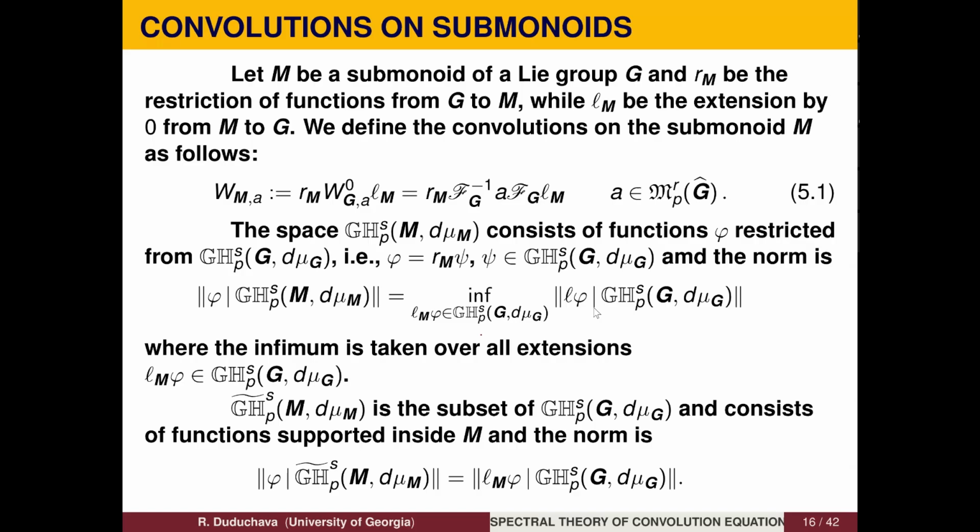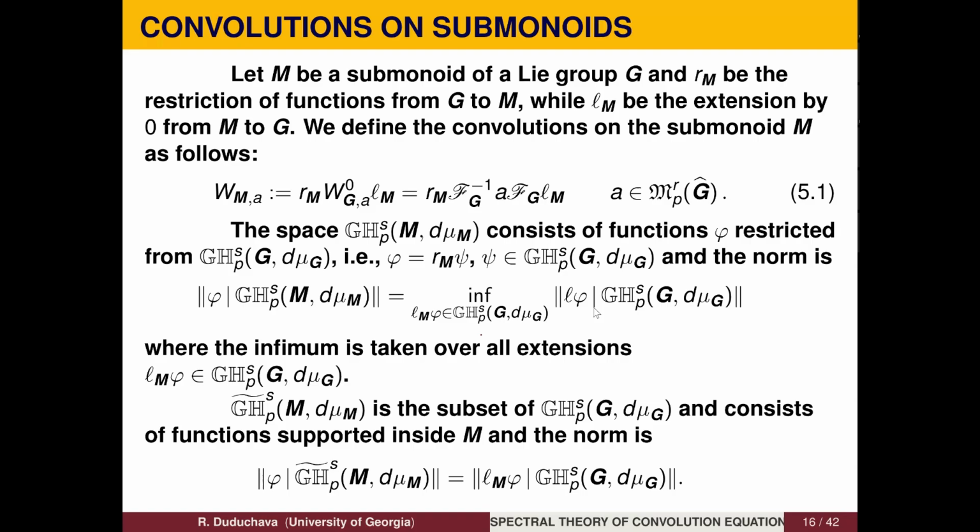Yes, for this now we need two spaces defined for the submonoid. The first space is just the restriction of the space from the group to the submonoid. Just cut off functions from the group to the submonoid.